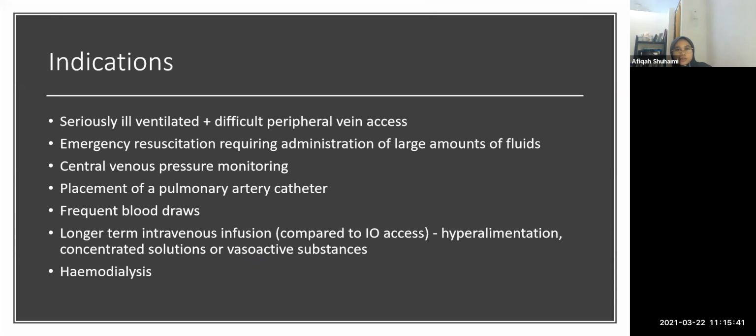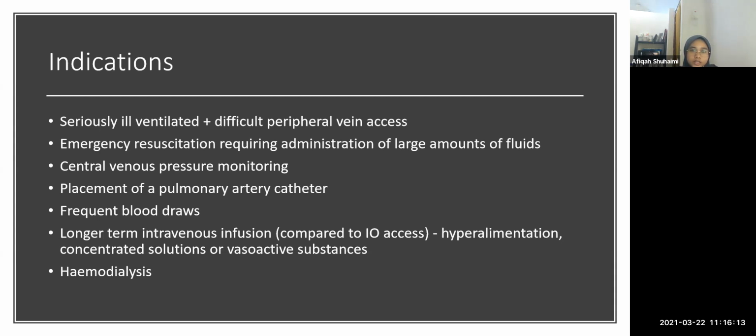The second one is emergency resuscitation requiring administration of large amounts of fluids. Next is central venous pressure monitoring and placement of a pulmonary artery catheter, also frequent blood drawing and longer term intravenous infusion compared to intraosseous access, such as for hyperalimentation, which is TPN, and concentrated solutions or vasoactive substances, and lastly for hemodialysis.